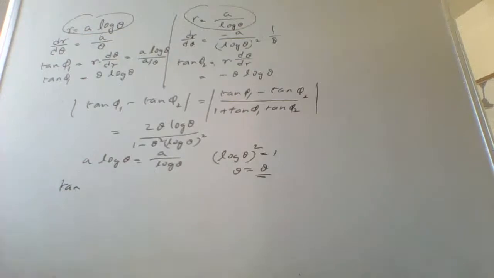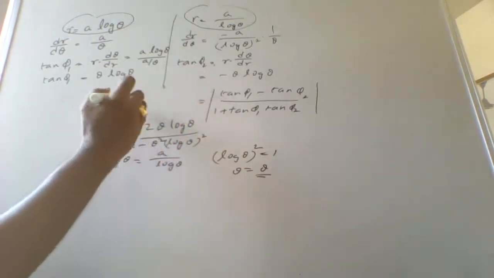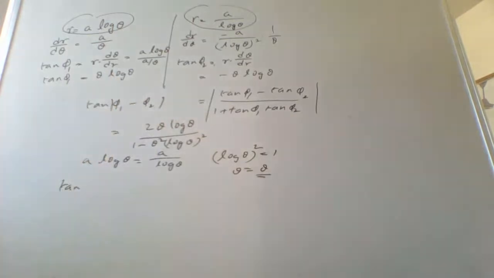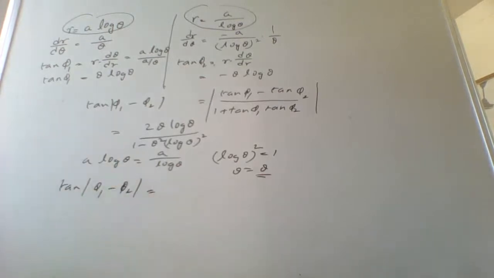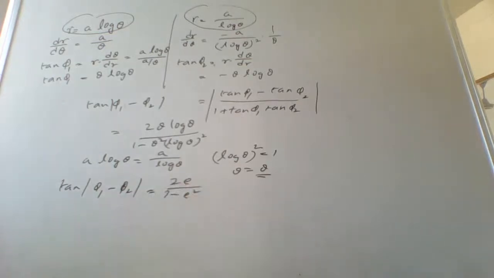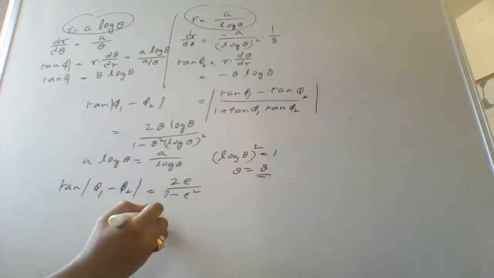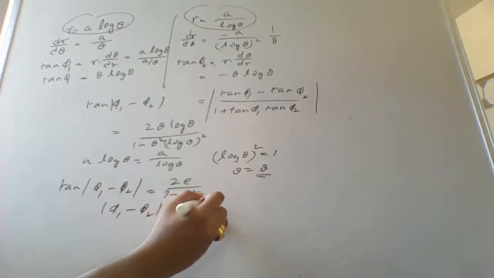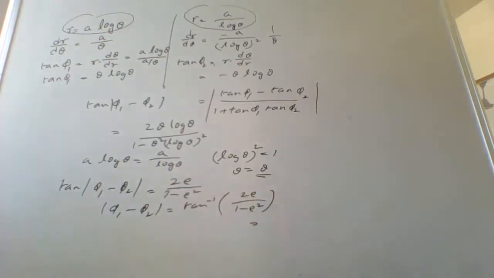So tan of phi 1 minus phi 2 is 2e by 1 minus e square. So phi 1 minus phi 2 would be tan inverse of 2e by 1 minus e square.